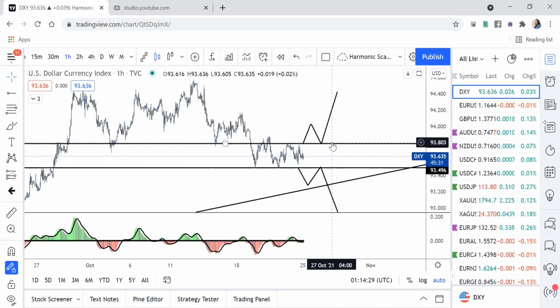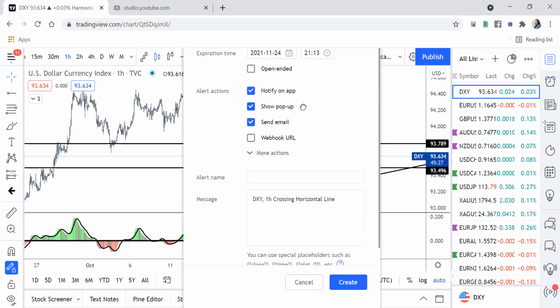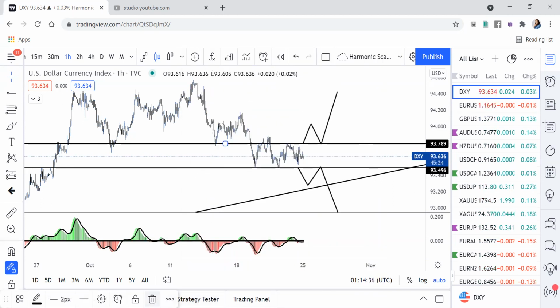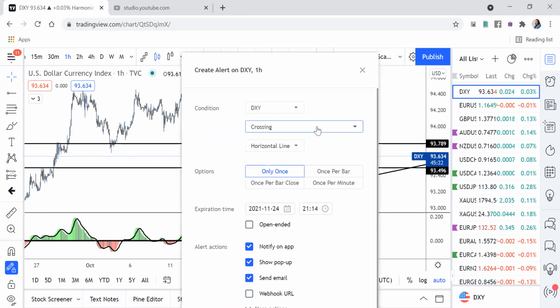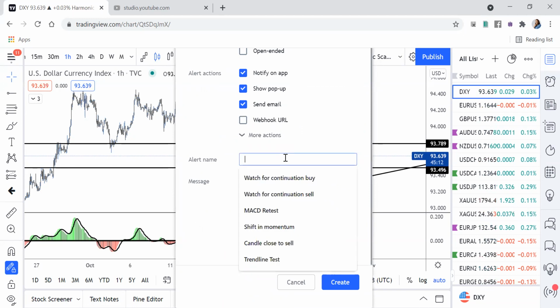So if I am waiting for this break in structure, and I put here "crossing up the XY horizontal line," whatever I put as my alert name is what shows up in my notification bar. So for this one.